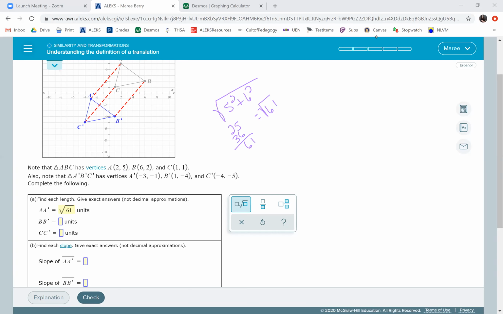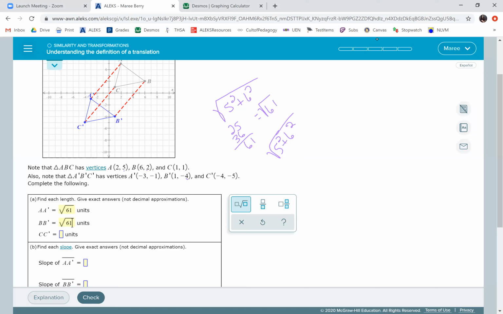So we'll type in square root of 61. Now between B and B prime, we look at the x's. Between 6 and 1 is 5 units, and the distance between 2 and -4 is 6 units. So it's the square root of 61 again. I bet they're all going to be the same because they're moving the same distance.